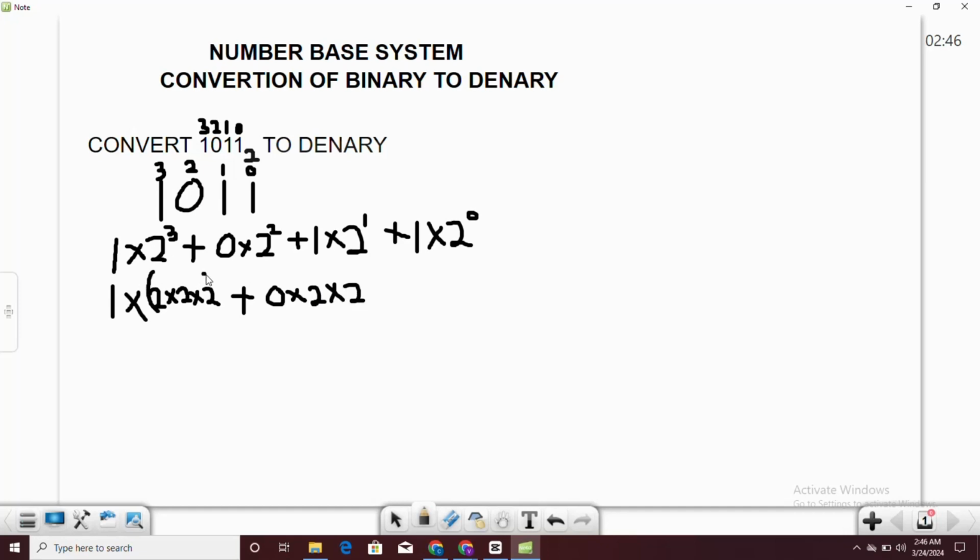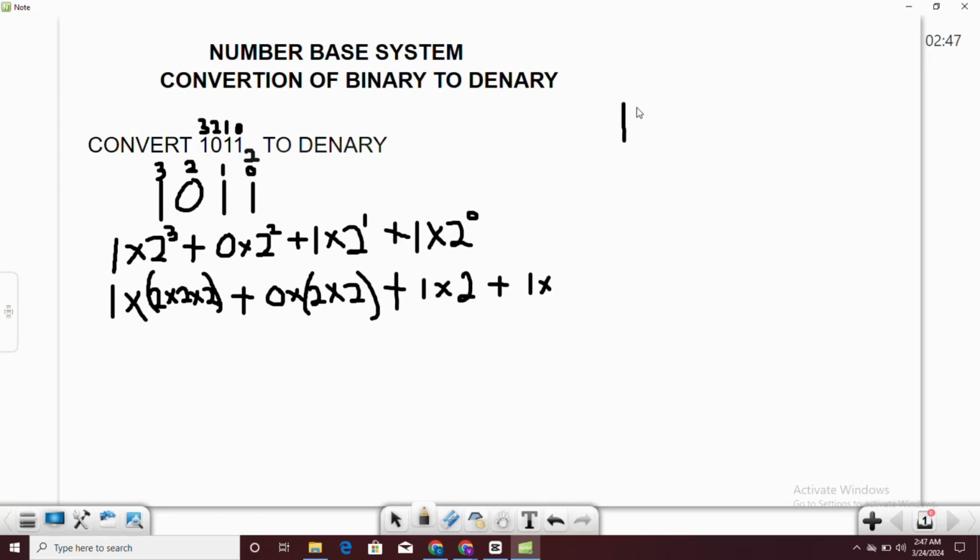Let me put those in brackets. So this is my 2 raised to power 3, this is my 2 raised to power 2, plus 1 times 2, that is 2 raised to power 1, plus 1 times 2 raised to power 0.